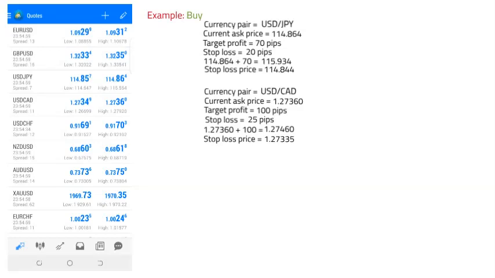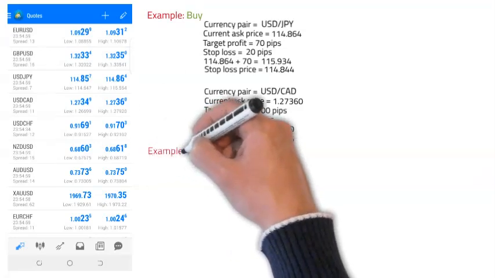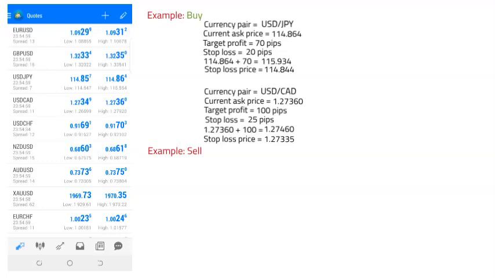Now let's get to know how to calculate stop loss in the opposite scenario, which is selling. Follow closely from here so as not to get confused. Take your time to understand it. Remember, in selling you are only making money when price is falling, like we saw.